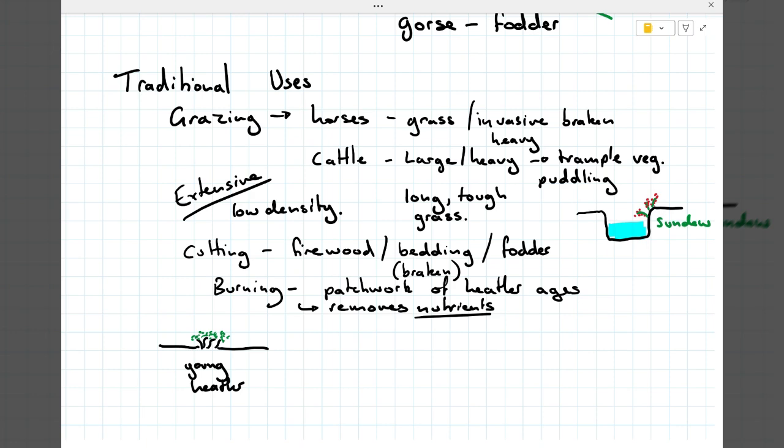And as it develops and matures, it becomes more expansive and covers more of the area, and you start getting this shady, humid understory to it. And then as it gets really old, it'll start to die back and you get this degenerate heather.